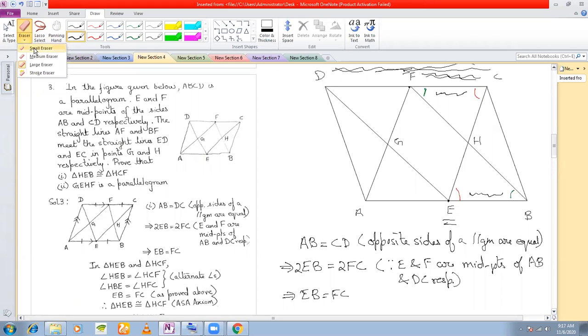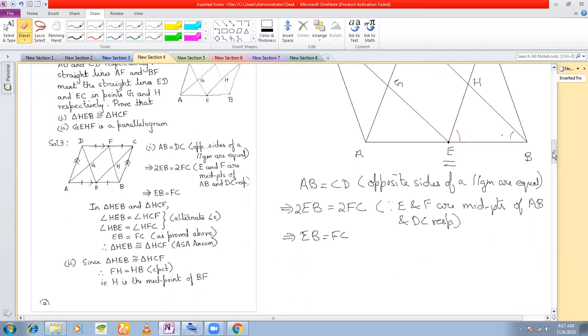So therefore in these two triangles, the angles that I have marked in red and green are equal, and these two sides are equal. Therefore they must be congruent.